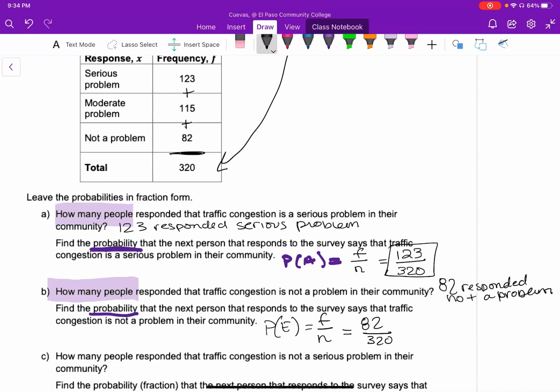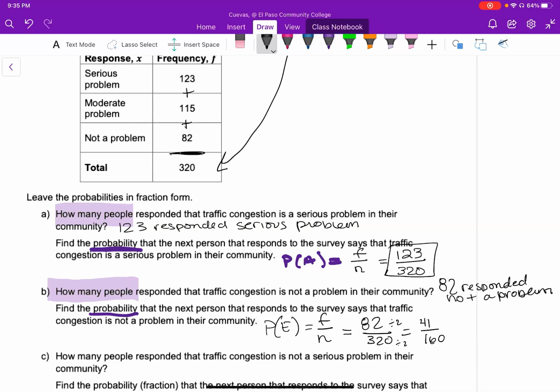In this case, we see that it is divisible by 2 because they're both even numbers. So let's go ahead and start the simplification process. You must always simplify. So I'm going to divide by 2 here and divide by 2 here. 82 divided by 2 is 41. 320 divided by 2 is 160. And then we check again. Our common numbers are 2, 3, 5.